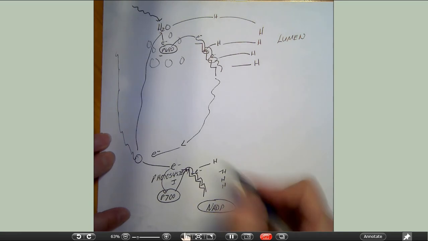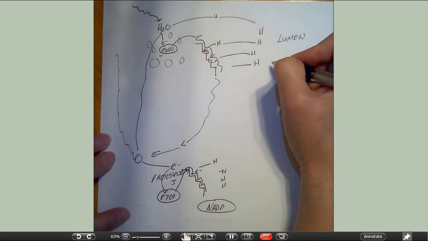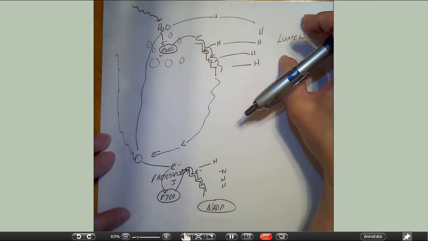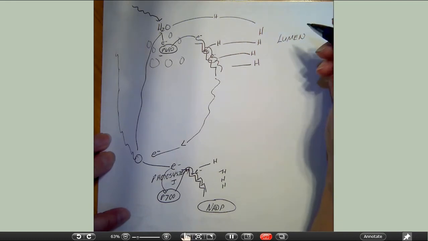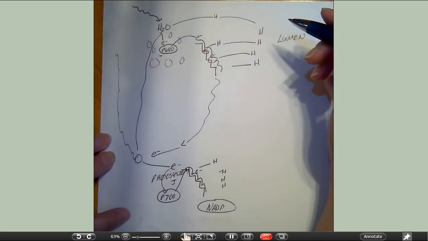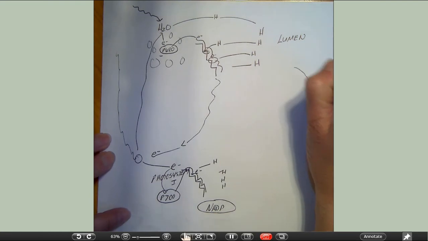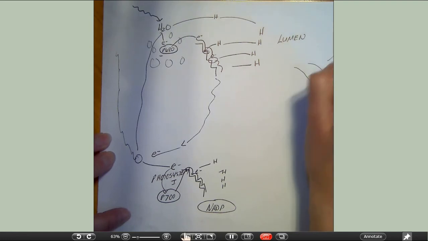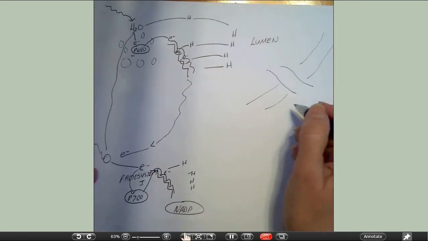Now, before we go any farther, I want to go back up here and talk about these hydrogens. We've got the hydrogen sitting here in the lumen, slowly increasing in concentration. Eventually, the concentration will become too much, and they will want to flow out of the lumen, back through the other side of the inner membrane.